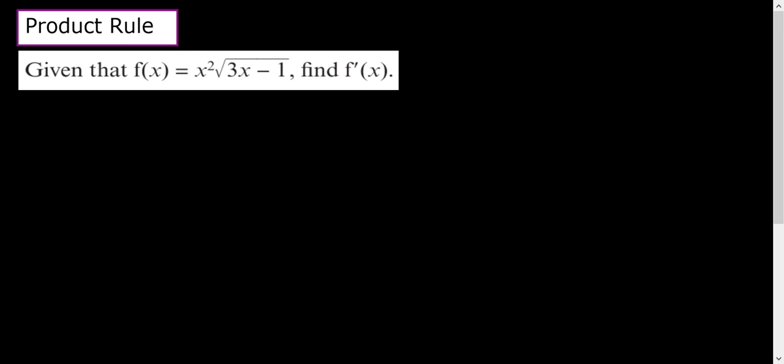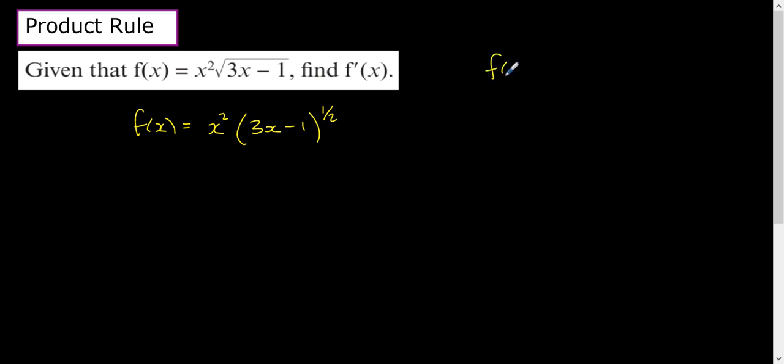So let's get into it. We'll rewrite the function first to get rid of this square root, and we'll have a look at what the product rule is and how we use it. So this function, f of x, is x squared multiplied by 3x minus 1 to the power of a half. That's what the square root does. So that's the first step. And what we do here is we split this into two parts. We make one of the parts u, and we make the other part v.